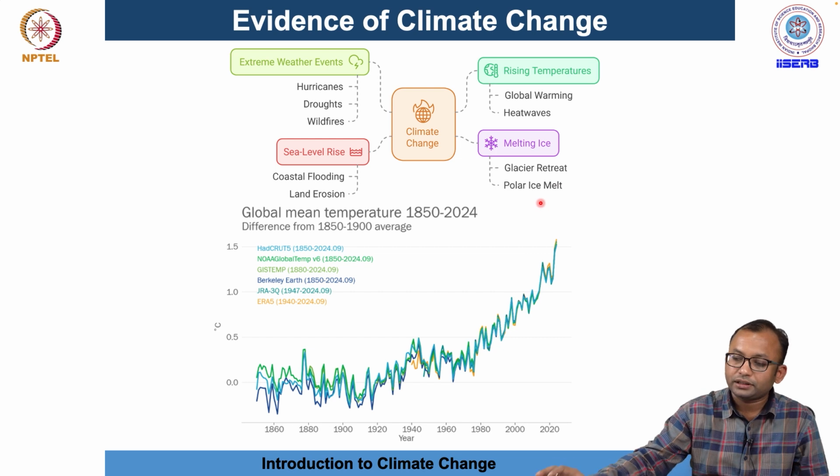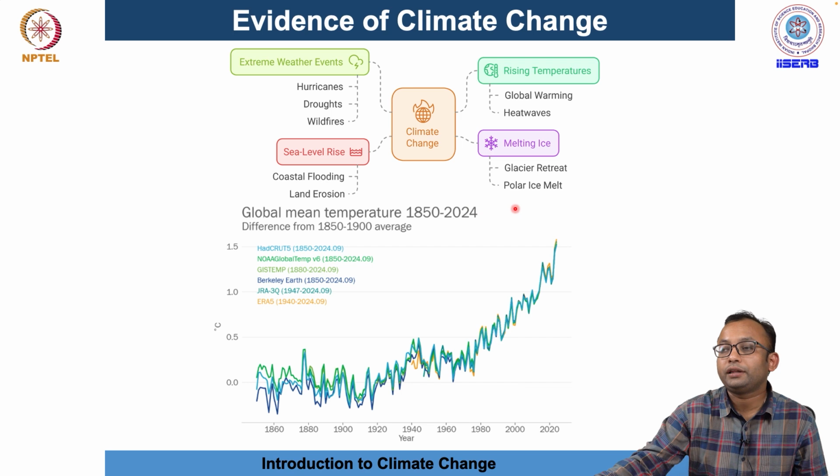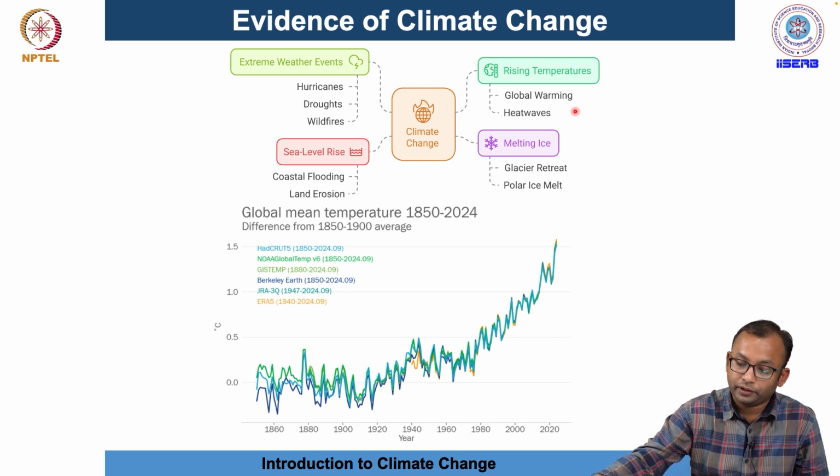So these are some of the evidences which suggest that the climate has changed to some degree, resulting in different types of events which are threatening the socio-economic conditions of different regions.